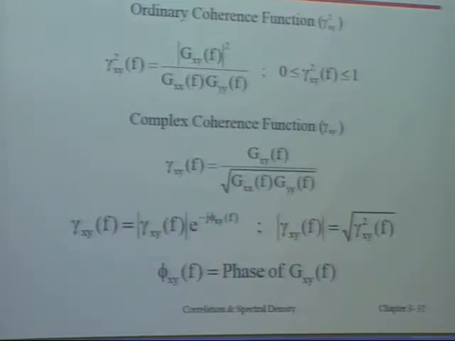That's only two representations: magnitude and phase, or real part and imaginary part, the same thing. Okay. And the gamma xy squared is this. It's a phase of gxy.